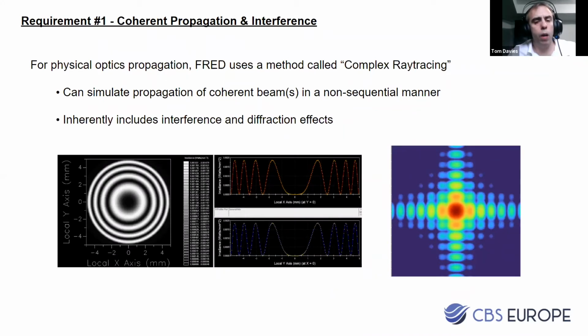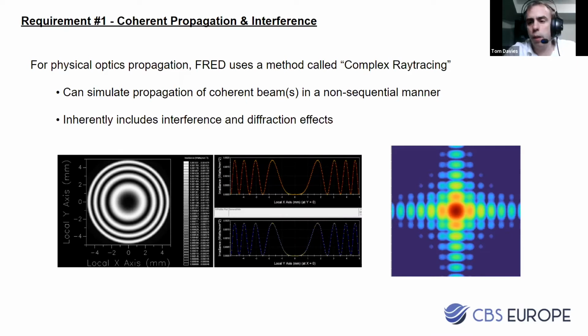Specifically for the coherent propagation, Phred uses a method called complex ray tracing, which is quite a nice technique where it uses the built-in ray trace engine to propagate effectively Gaussian beams, tiny Gaussian beams, the sum of which gives us an understanding of the overall field.